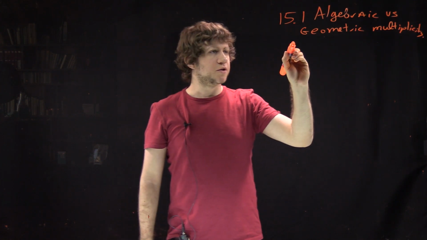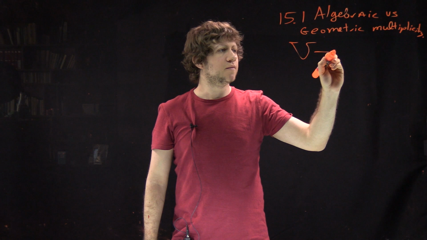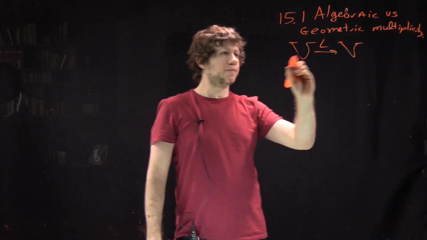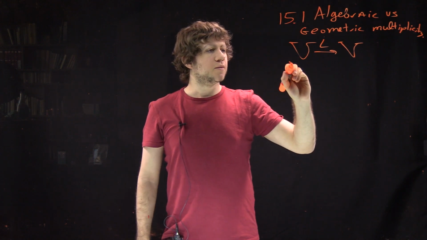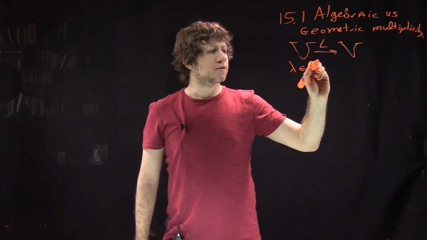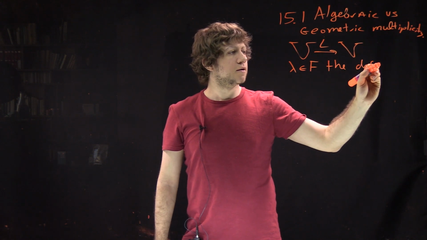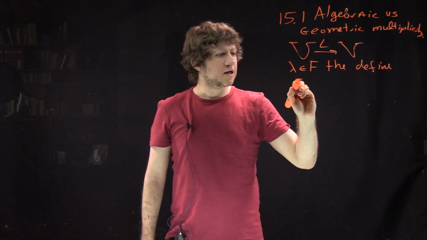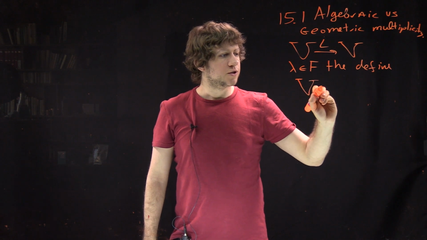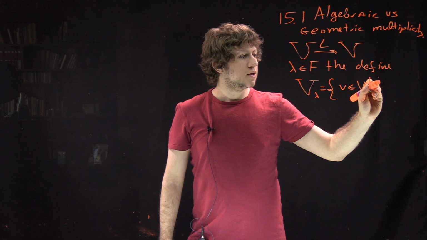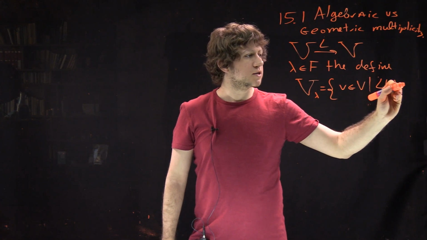So let me remind you the setting. We have a vector space V, and we have a linear map from V to V, which we also call a linear operator. If lambda is some number inside our field, then we can define V lambda, which is the space of all vectors v in V such that L of v equals lambda v.